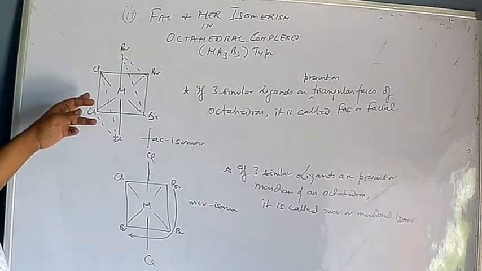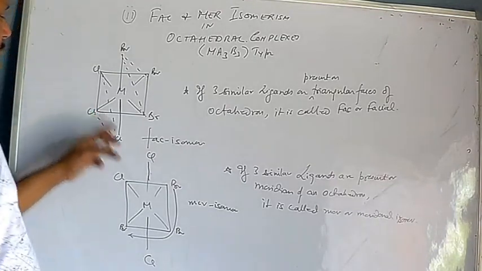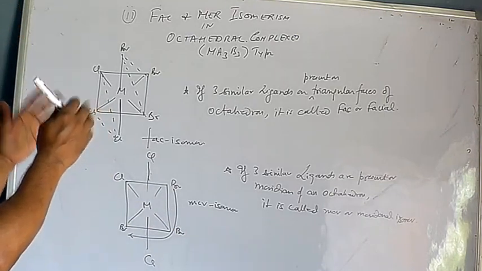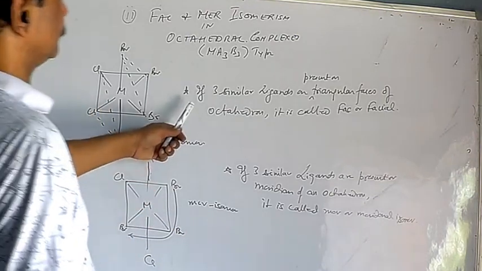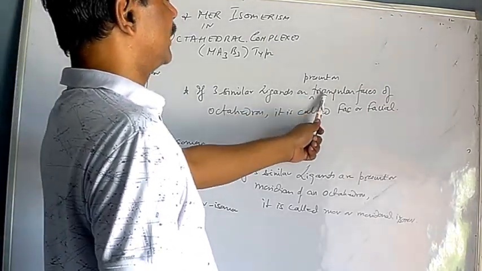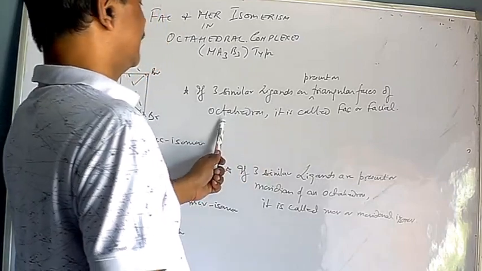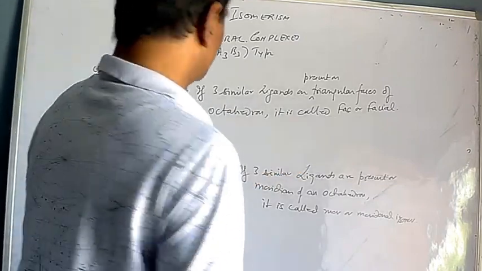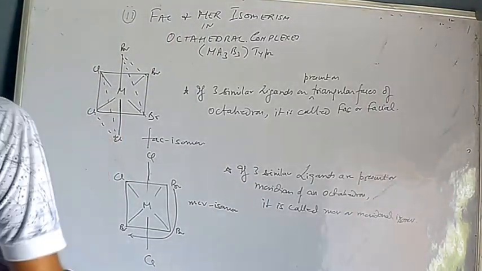Now class, this one is your FAC, facial isomerism, or this one is your MER, meridional isomerism. Understand it very, very properly. See the definition. If three similar ligands are present on triangular faces of the octahedron, it is called FAC or facial isomerism. Class, see the diagram here.